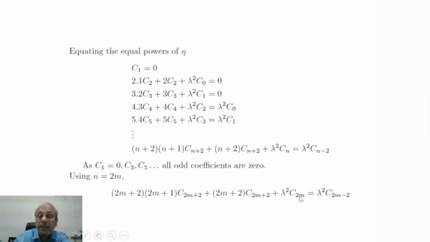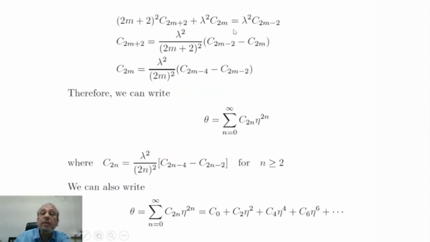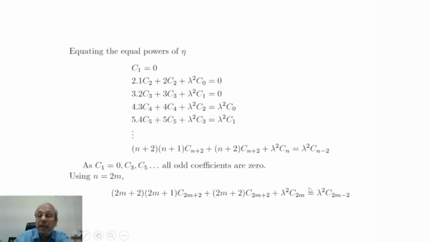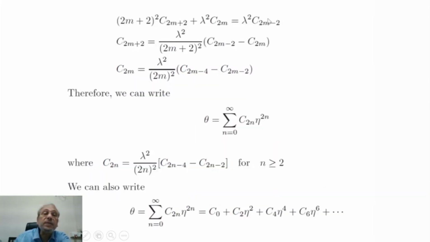Here we get lambda square C twice m on the left, equal to the right hand side lambda square C twice m minus 2.